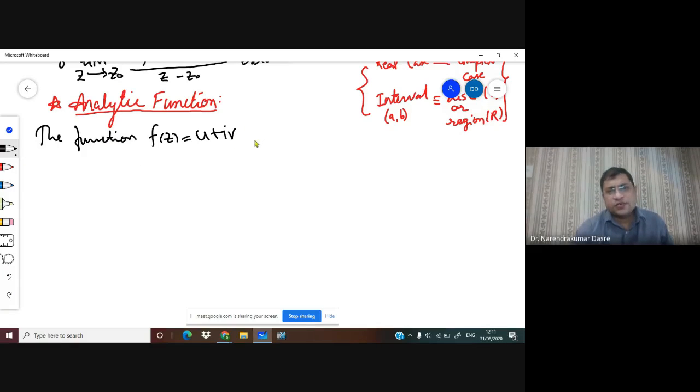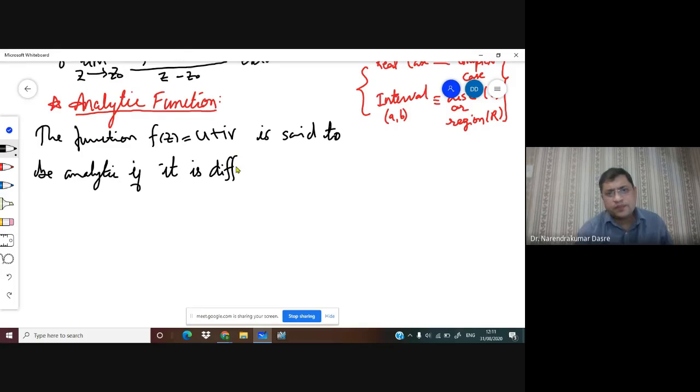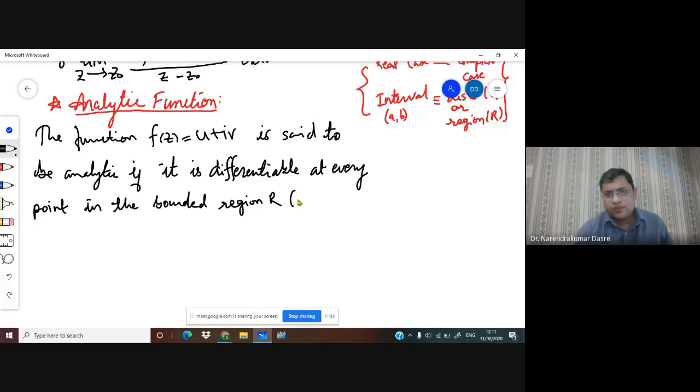So the function f of z is said to be analytic if it is differentiable at every point in a bounded region R or disk.